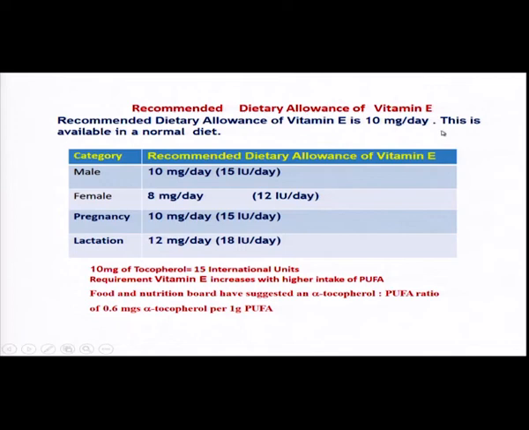So there would be individual need-to-need basis of requirement, more or less, but this value would be a good guide for us to decide how much amount of vitamin should be made available for the person when they are under deficiency conditions or therapy. So you see, for male it will be like 100 mg per day. In the international units it's like 15 per day, and in case of female you have 8 and it's around 12.